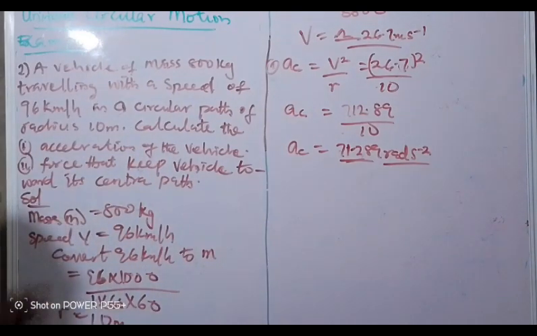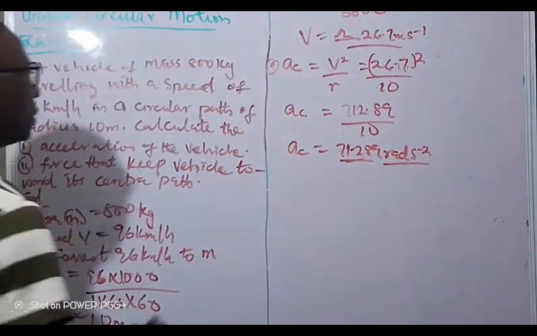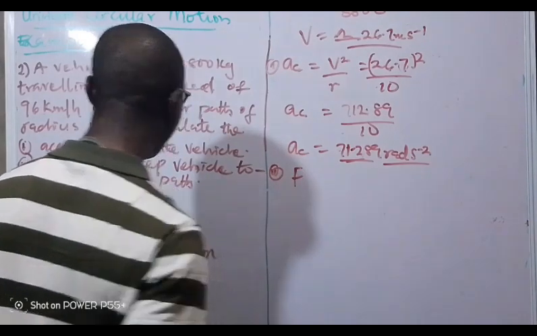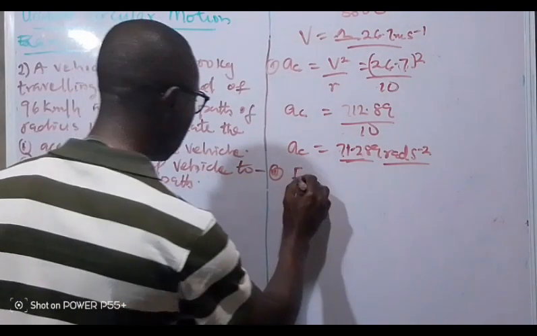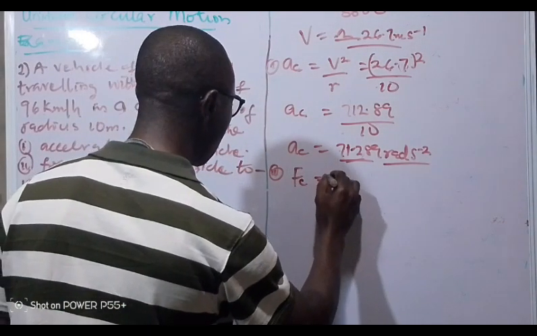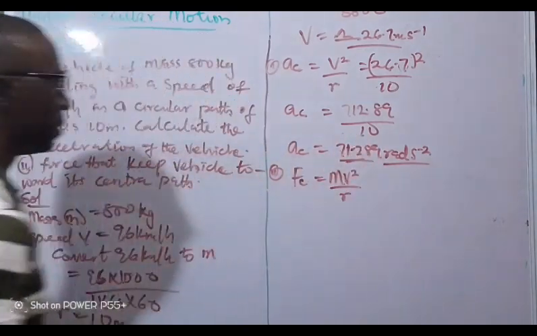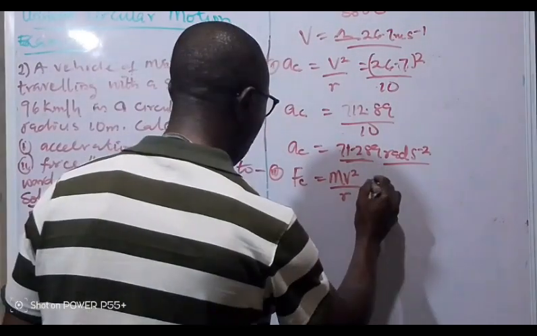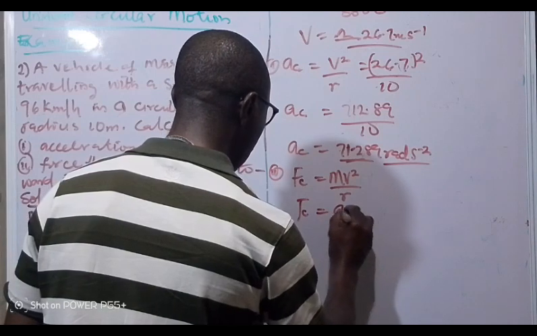Now, to calculate the force that keeps the vehicle toward the central part, that's question number 2. That one exactly will be centripetal force, and the formula for that is mv squared over r. Or rather, since we know the value of AC now, F is equal to m AC.